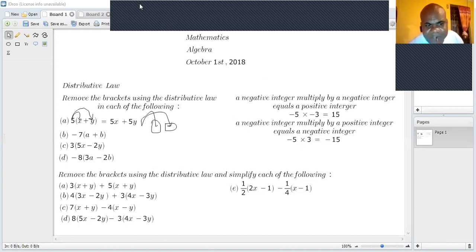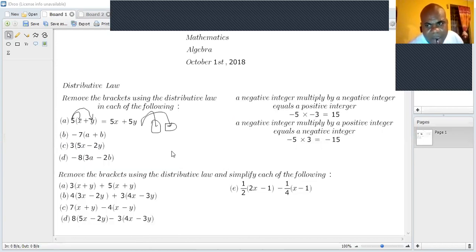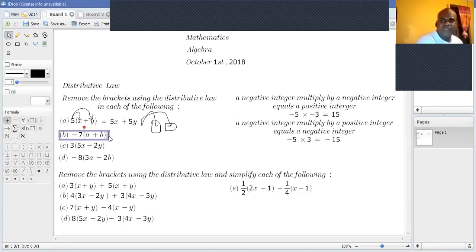I said negative 7a plus 7b. That's it, and that's wrong. Oh, so it's 7a plus 7b. You know, read the notes. A negative integer multiplied by a positive integer equals a negative integer.